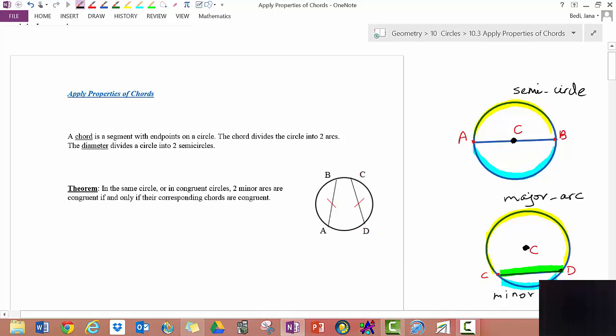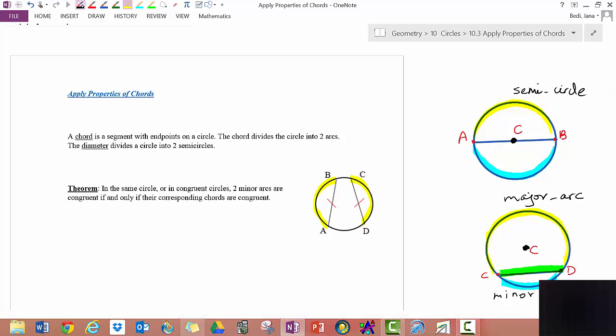Alright, now let's discuss when two chords are congruent. And this theorem here says that in the same circle or in congruent circles, two minor arcs. So let's look at this minor arc and let's look at this minor arc.